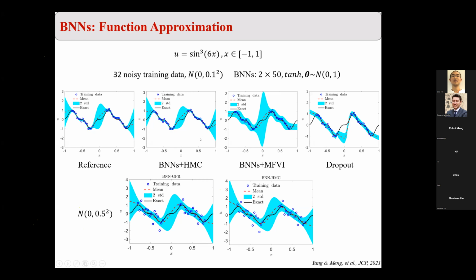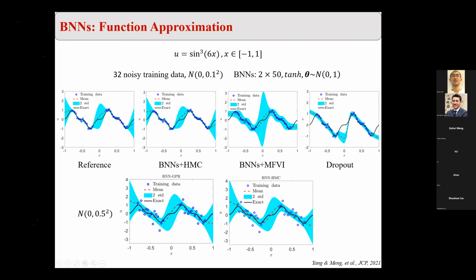And as I mentioned, a BNN is very easy to get overfitting results if the noise in the training data is very large. So in the second case, I try to increase the noise scale from 0.1 to 0.5. And this is the reference solution, and this is the BNN with HMC.